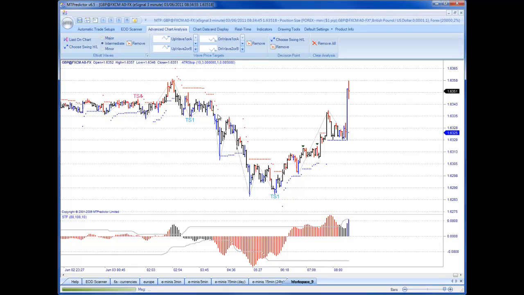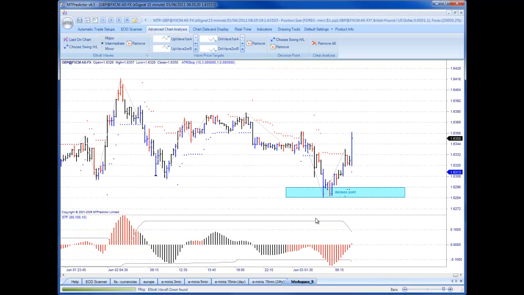Before I start that, I'd just like to look at the decline going down into this last low. If I put our Elliott waves on, just by clicking and clicking, you can see that we did have a nice 1, 2, 3, 4, 5 wave decline. So yet again, this is another reason why we'd anticipate this area here as coming in for major support. First of all, on the 15-minute chart, we had major support, therefore we anticipated the trend was going to go up.